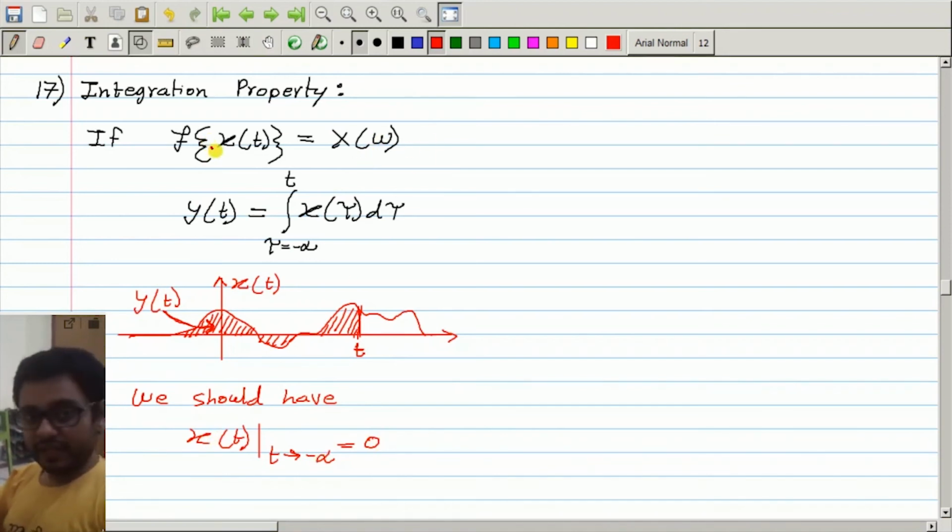Now, if the Fourier transform of x is capital X and y is the integration of small x, then the question is, what is the Fourier transform of y?